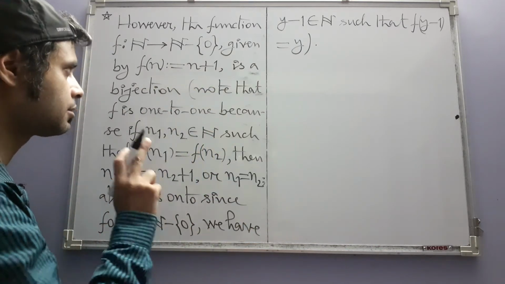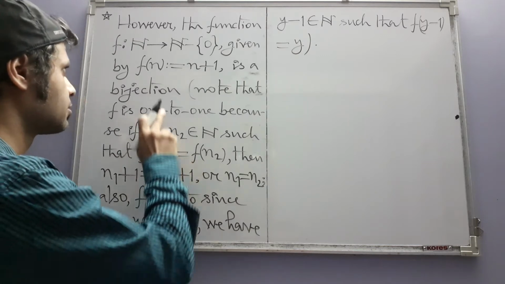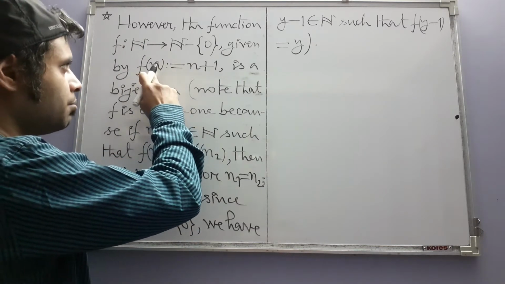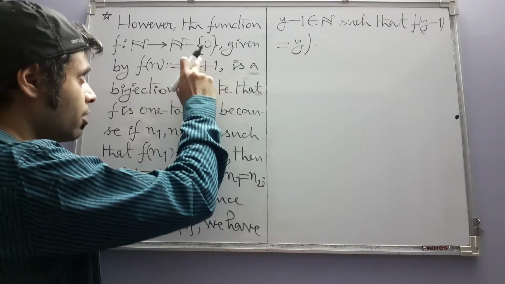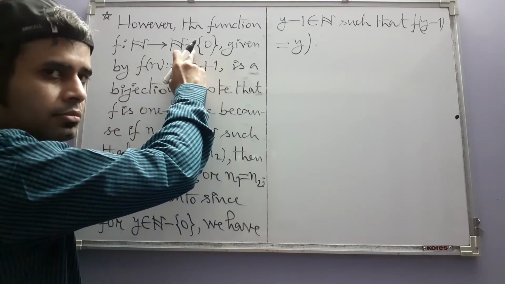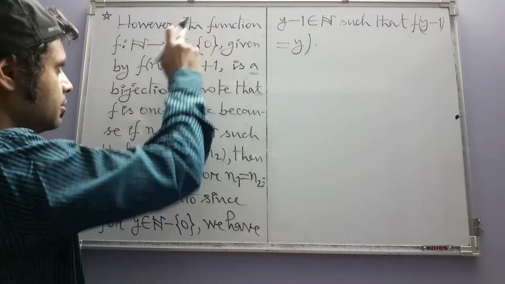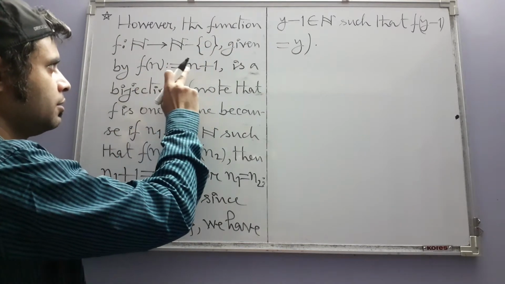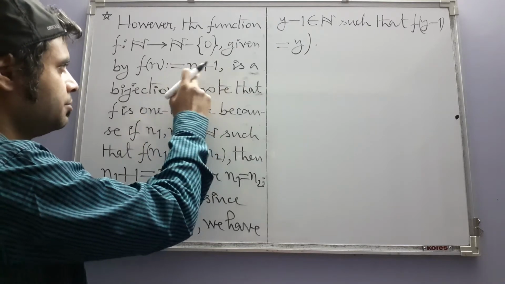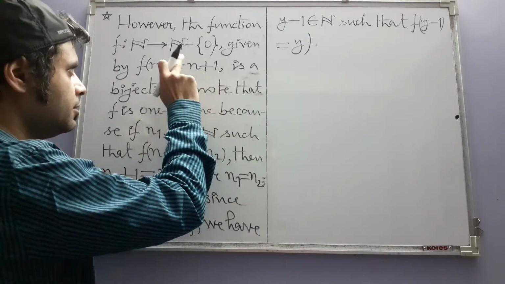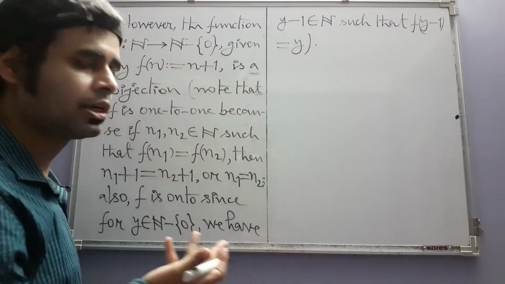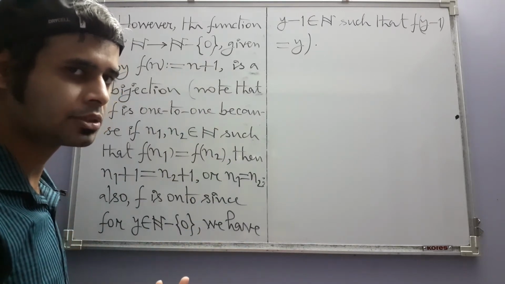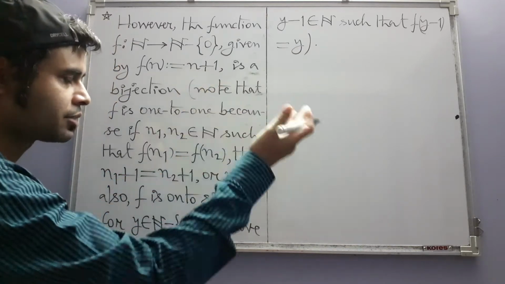But there is another thing which comes even before that. When you are taking an input, you should first of all make sure that the output belongs to the set, that is, this second set. Now, if n is a natural number, then naturally, no pun intended, n plus 1 is also a natural number, from the elementary properties of natural numbers, that is from the first Peano axiom.